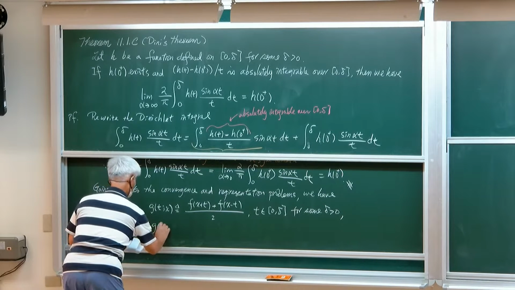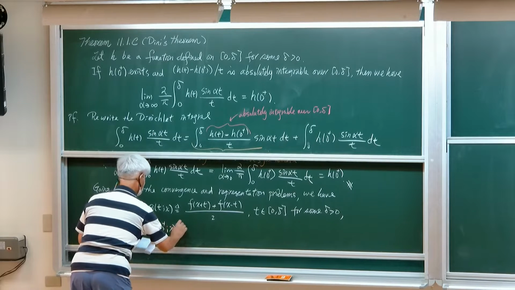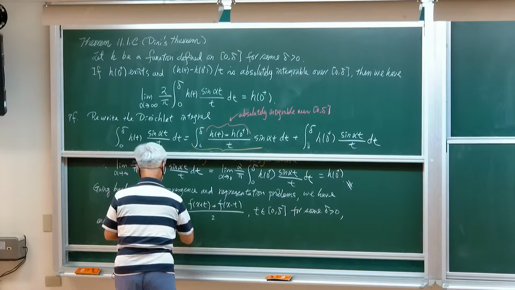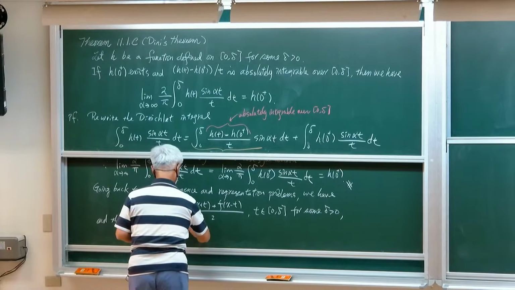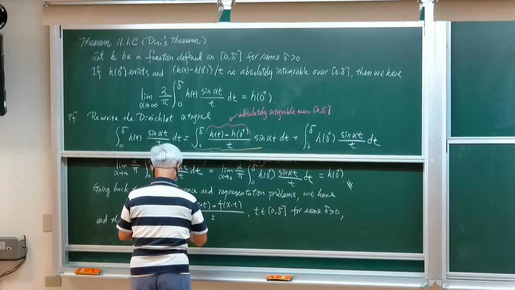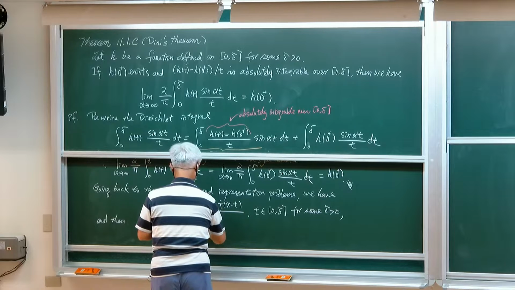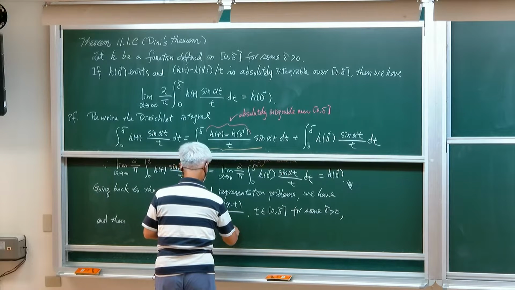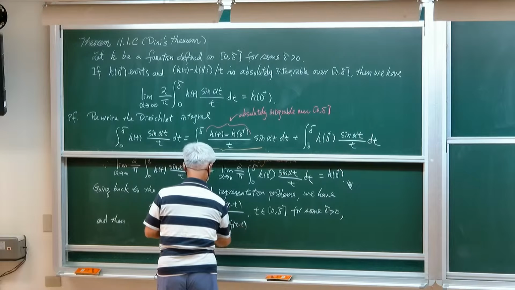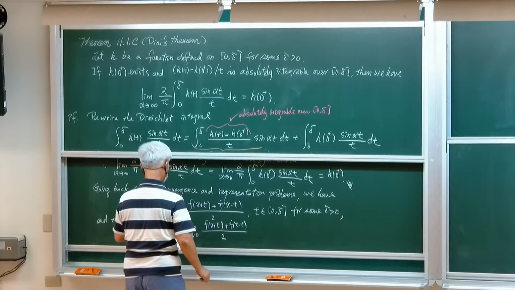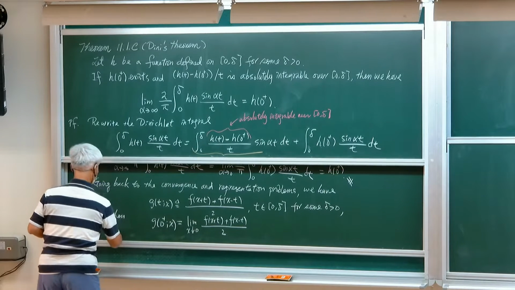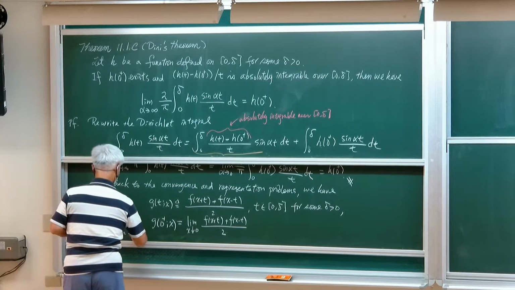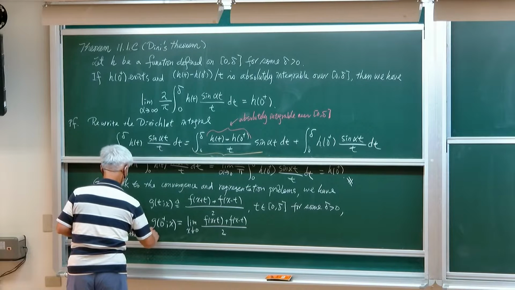Then we evaluate the right limit. So the right limit is here, when the limit exists.